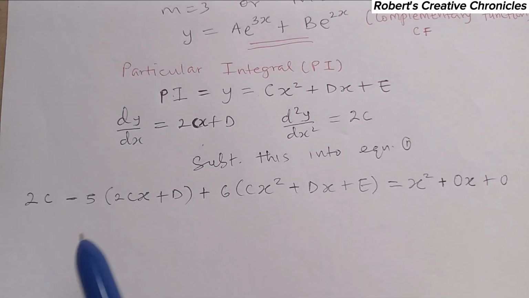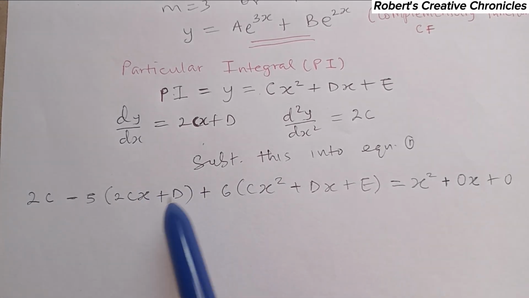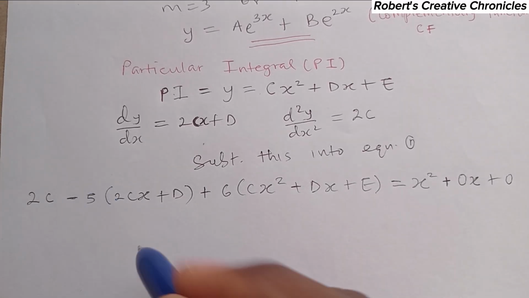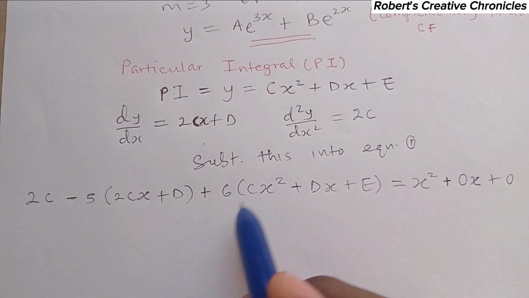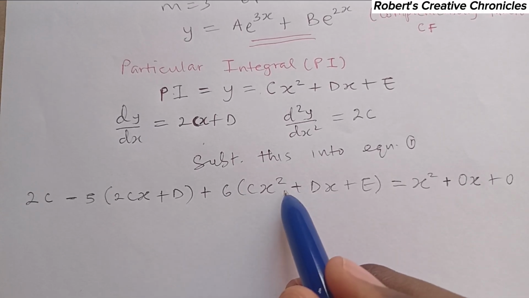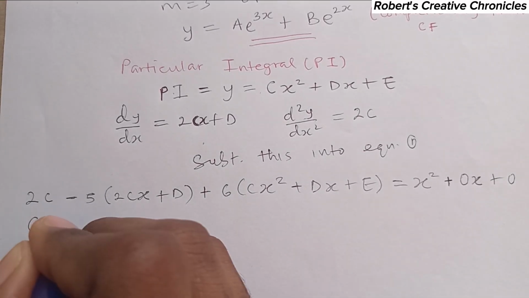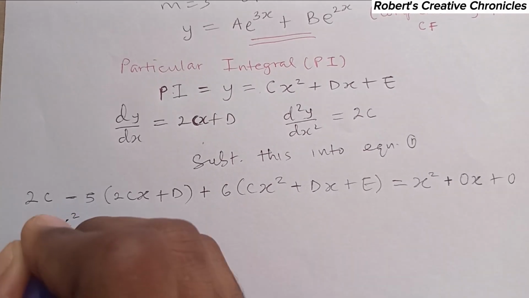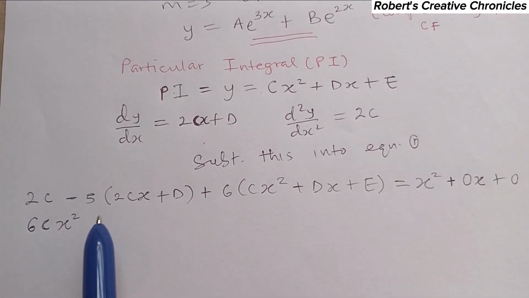So now in this term, I'll keep all the coefficients of x squared together, likewise that of x, and then the constant. So now here, let's look for x squared. This will be 6c x squared. That's the only x squared we're going to get here. Then we move to x.